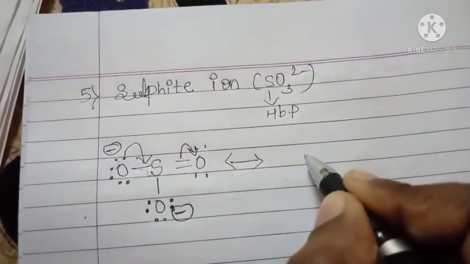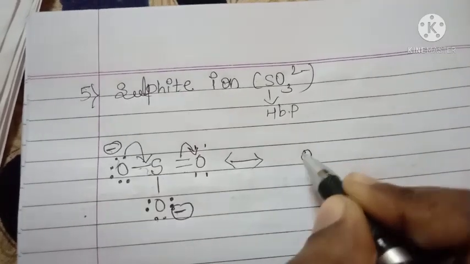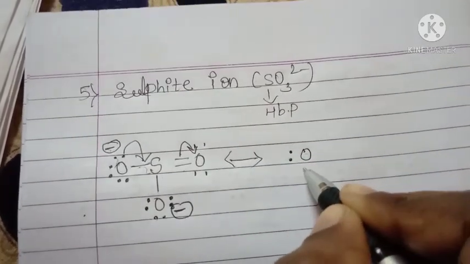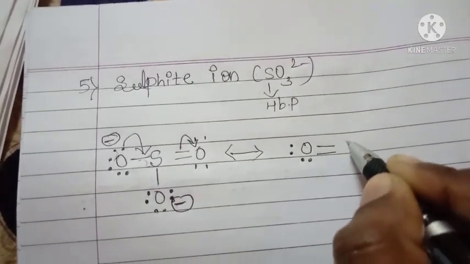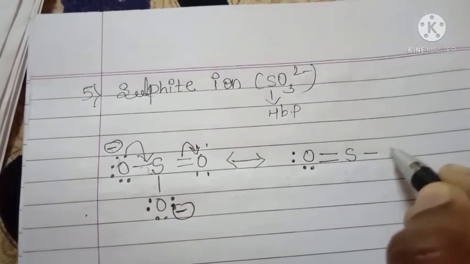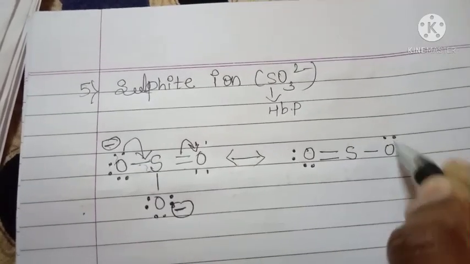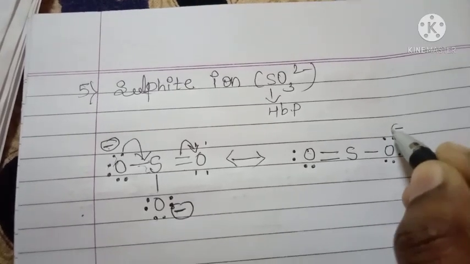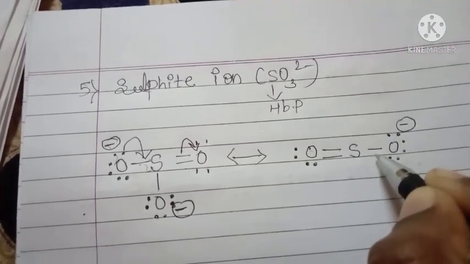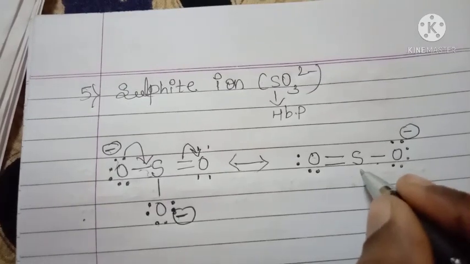Here also 3 resonating structures are possible. Here one lone pair is converted to a bond pair, so it contains 2 lone pairs and a double bond to S, and this is a single bond to S. It contains 3 bond pairs and also carries a negative charge because it accepts the electron.